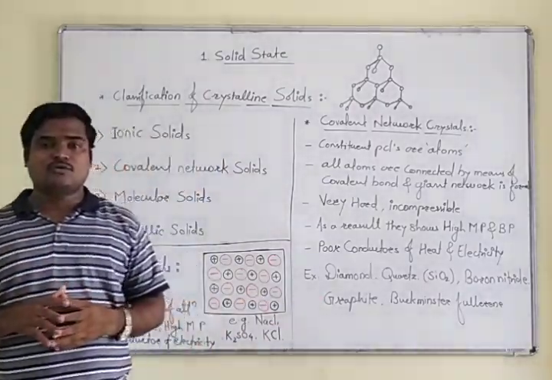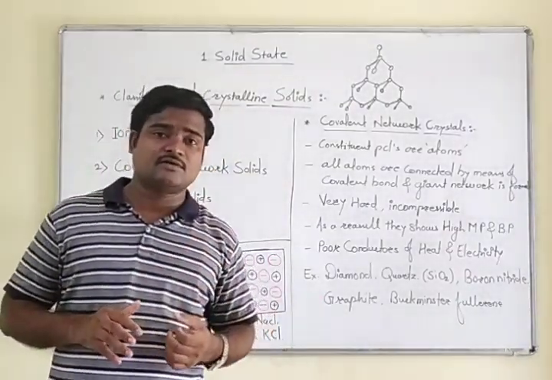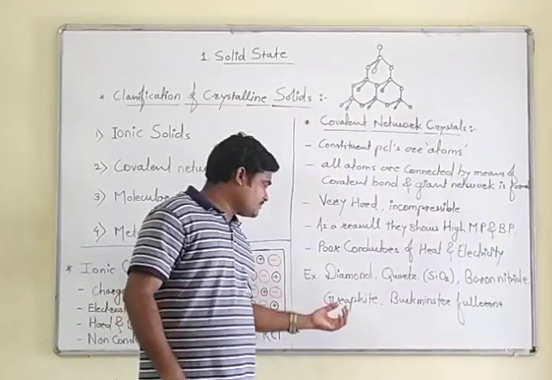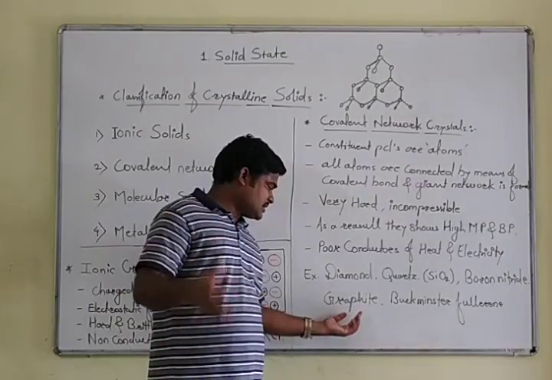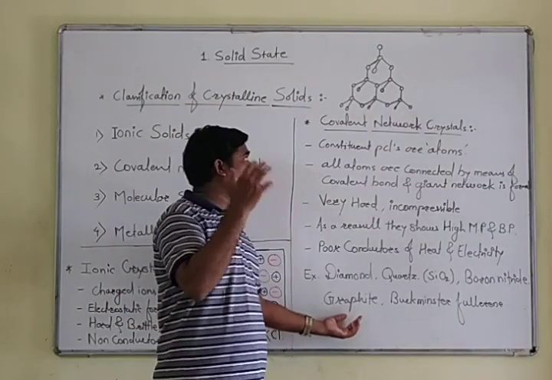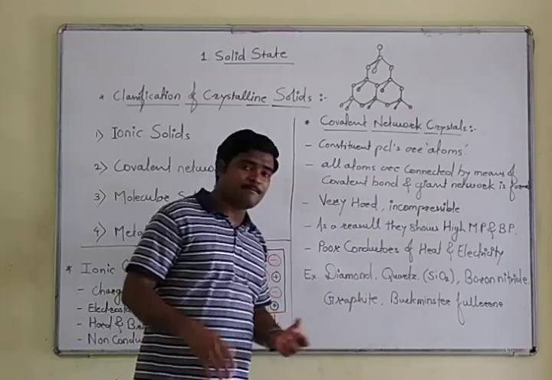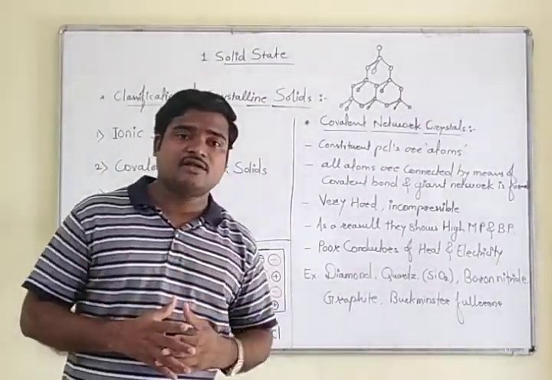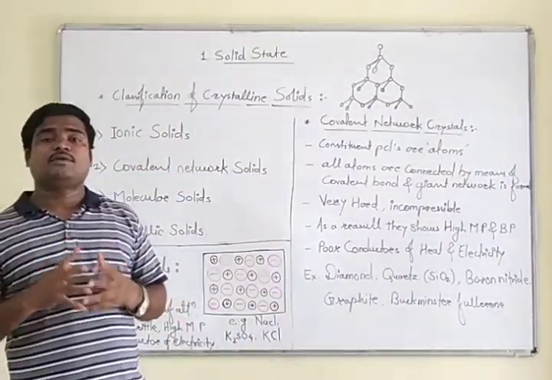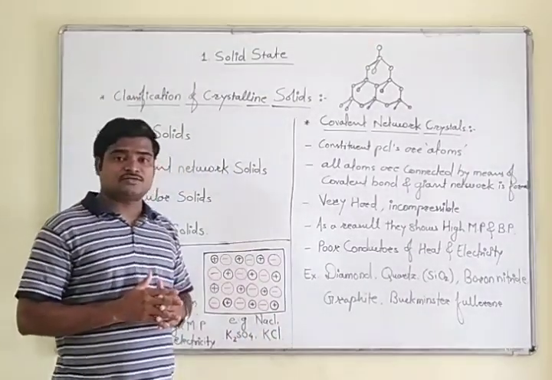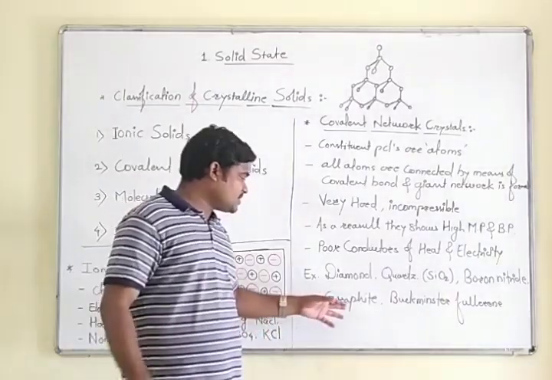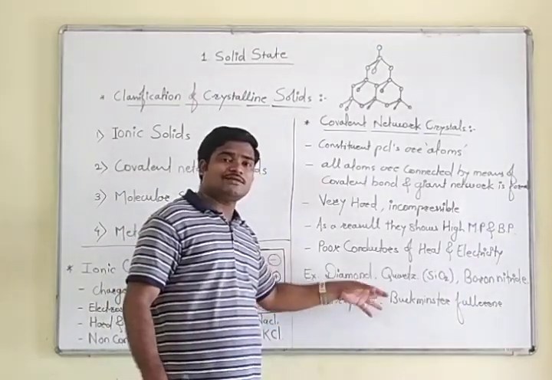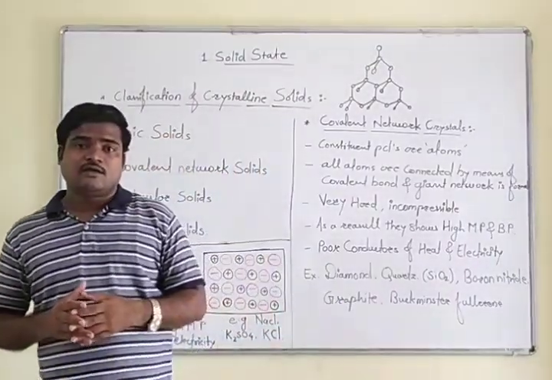In last year's book, some more examples of covalent network crystals were included: graphite and Buckminster fullerene. They were included in the previous year's textbook, and detailed information was provided regarding these two examples.